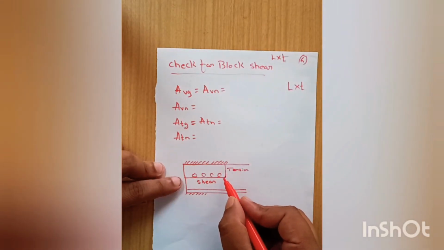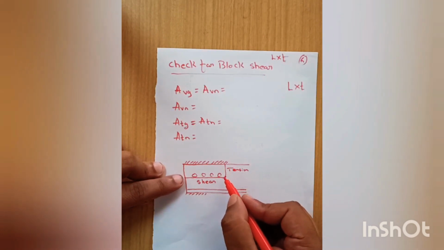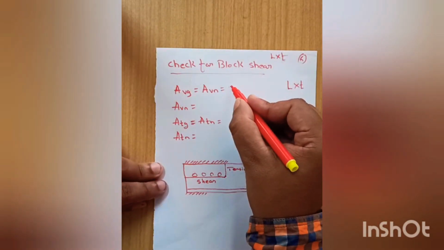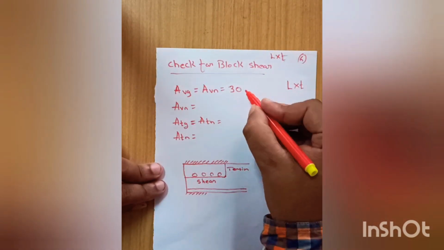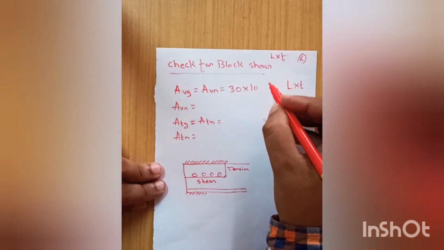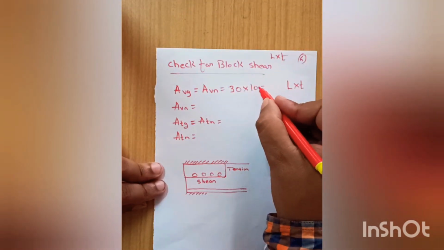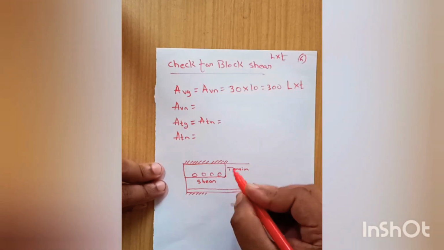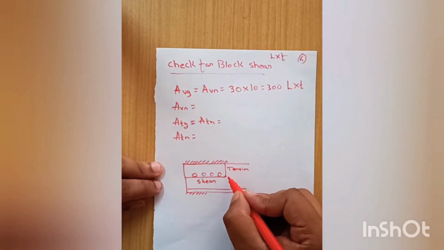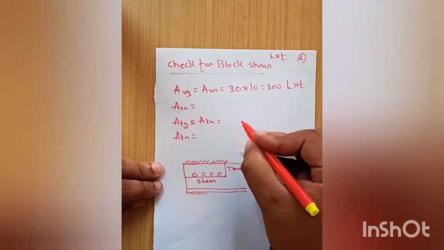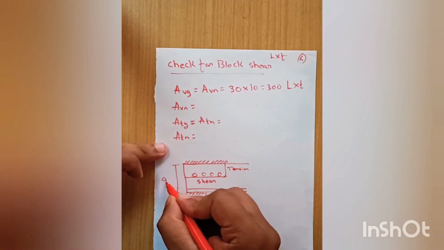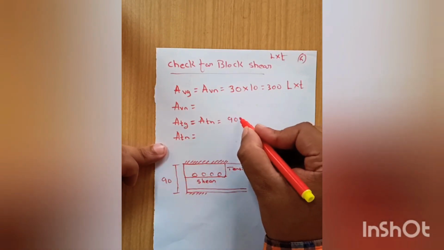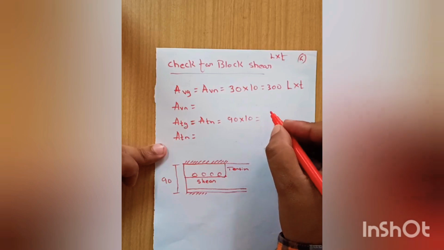So here length we need to select. Length is nothing but average length of the weld which we are providing, average length. So that is 30 mm we have provided into 10, which becomes 300, and here ATG equal to ATN, length of the angle is 90, so 90 into 10.